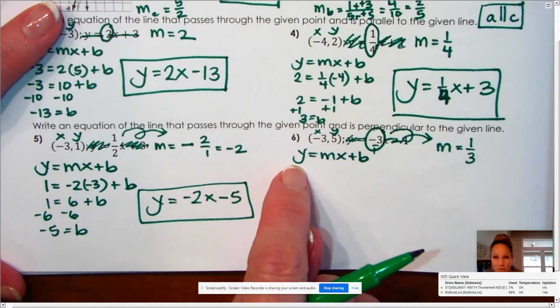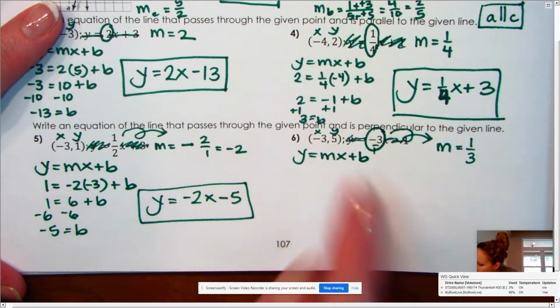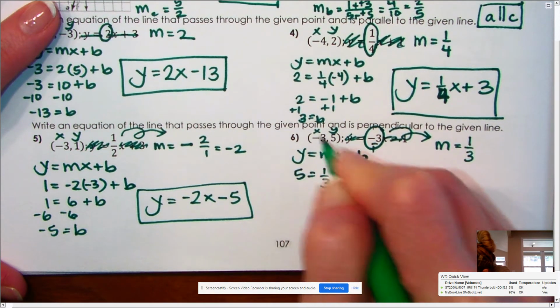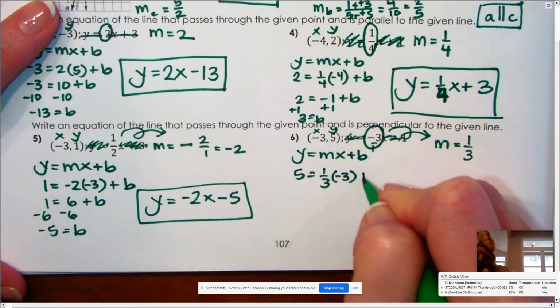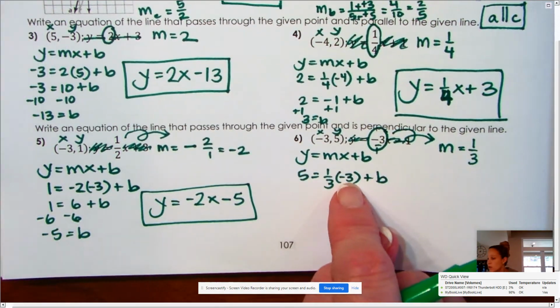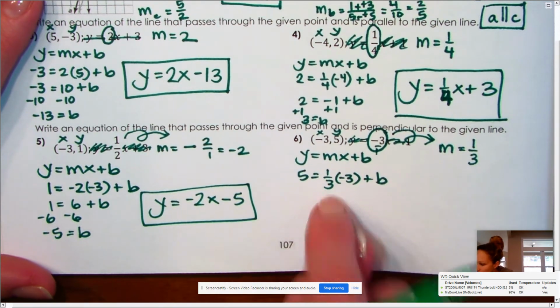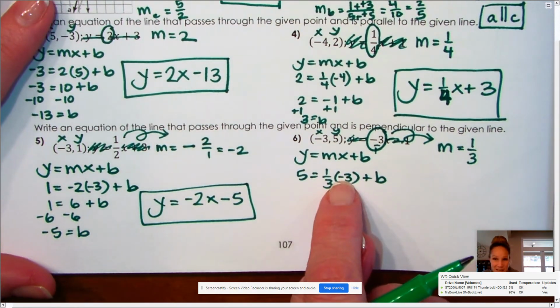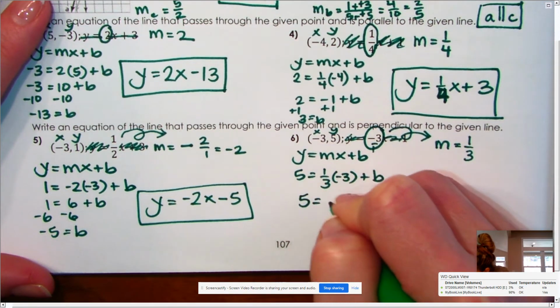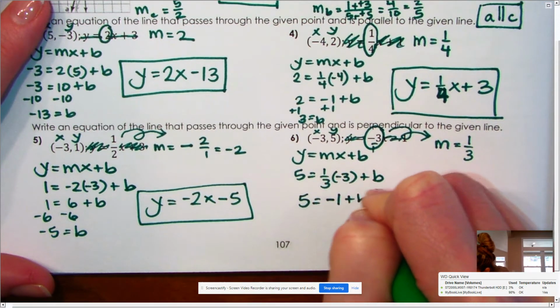What's the y value they gave me? Well, they told me 5. The m that we found was 1/3. The x was -3, and then b is what I'm trying to find. Well, 1/3 of 3 is 1, or you can also think about this as 3 divided by 3, which is 1. And because this is negative, a positive times a negative is a negative, so 5 equals -1 plus b.